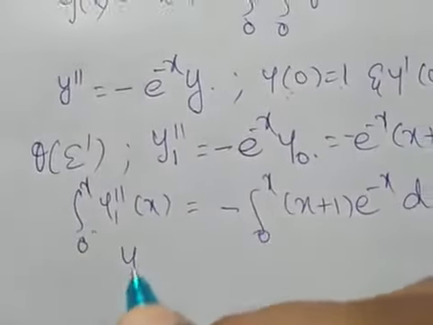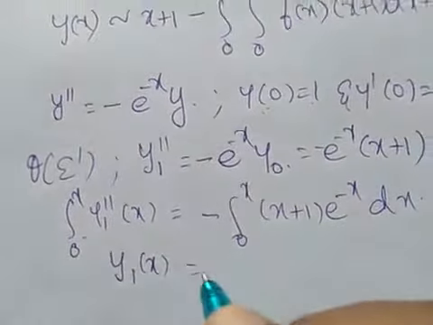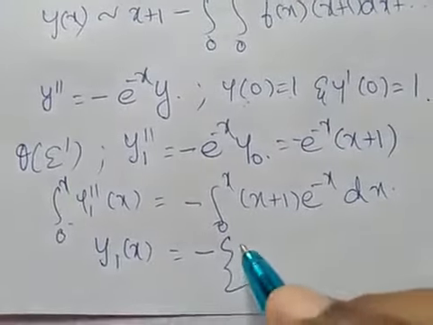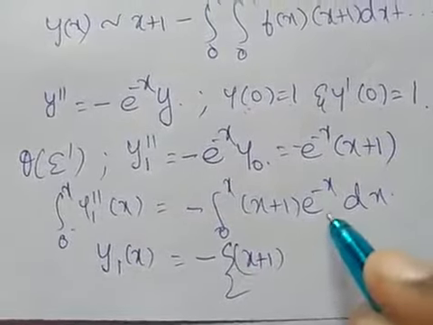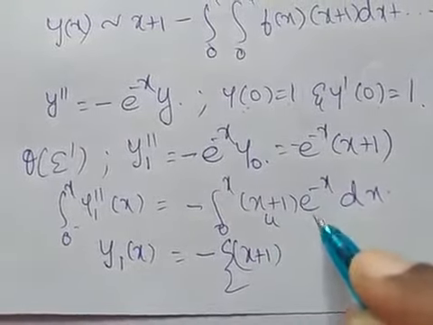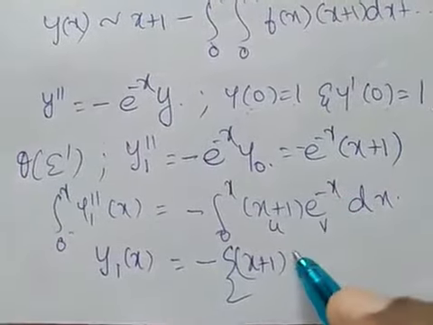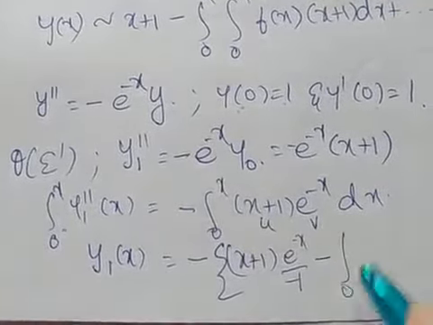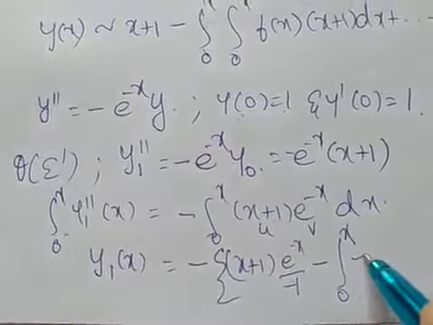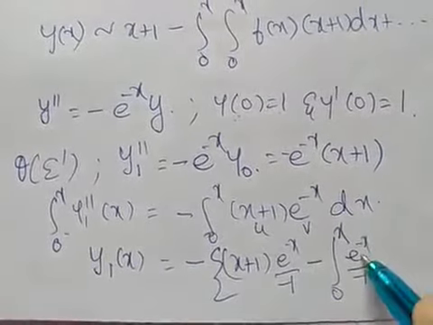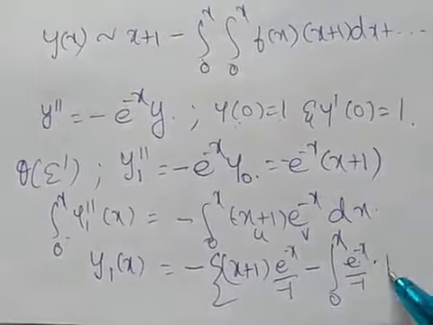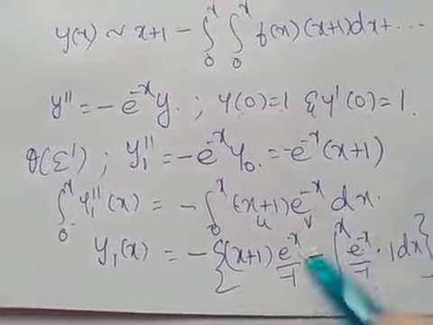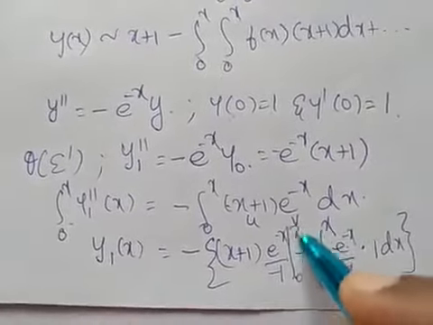So this is same as y1 dash of x equal to minus, our u is x plus 1. Integration of e power minus x is e power minus x by minus 1, minus integral from 0 to x of e power minus x by minus 1, which is our v, times the differentiation of u, which is 1. See here the limit is between 0 to x again.